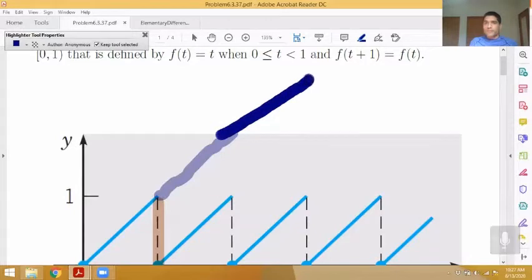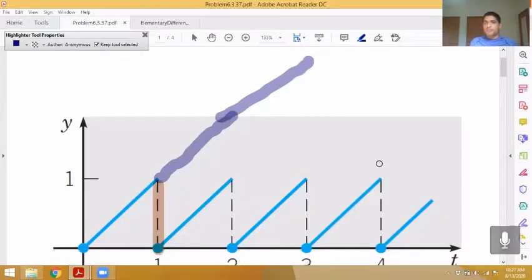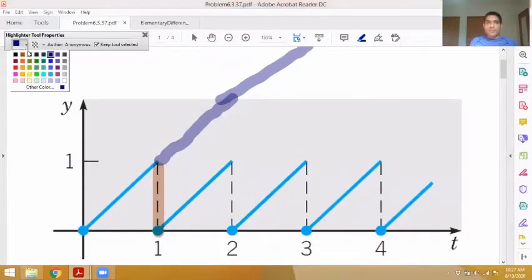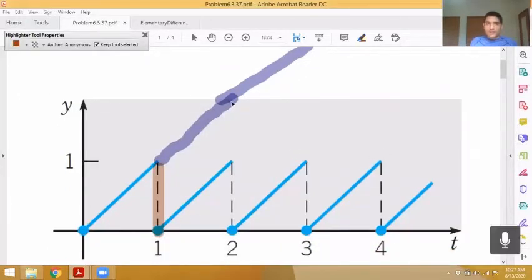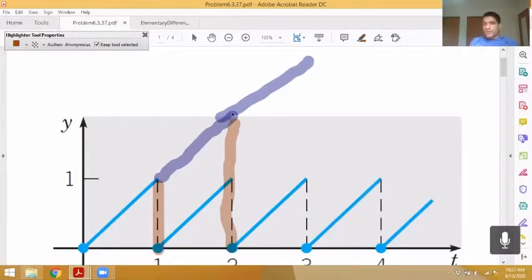Right, so if I continue this graph of f of t equals t, then I can see that once again, between 2 and 3, just the ordinary function t is way up here.